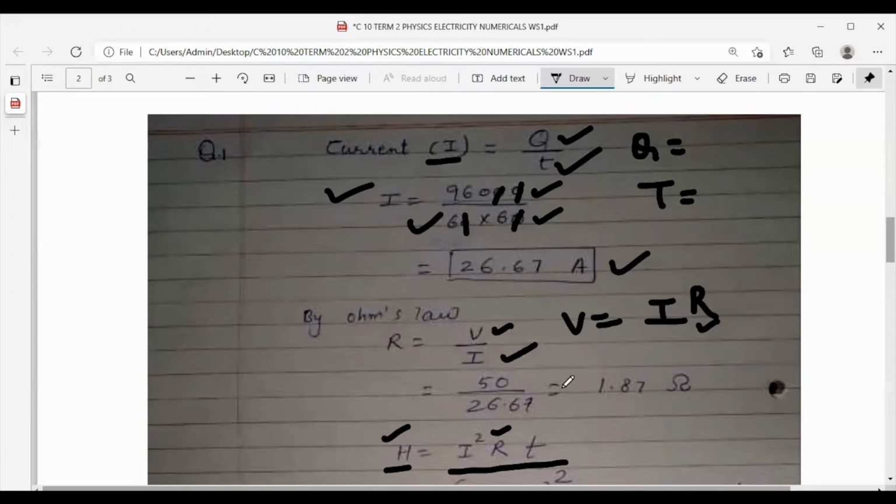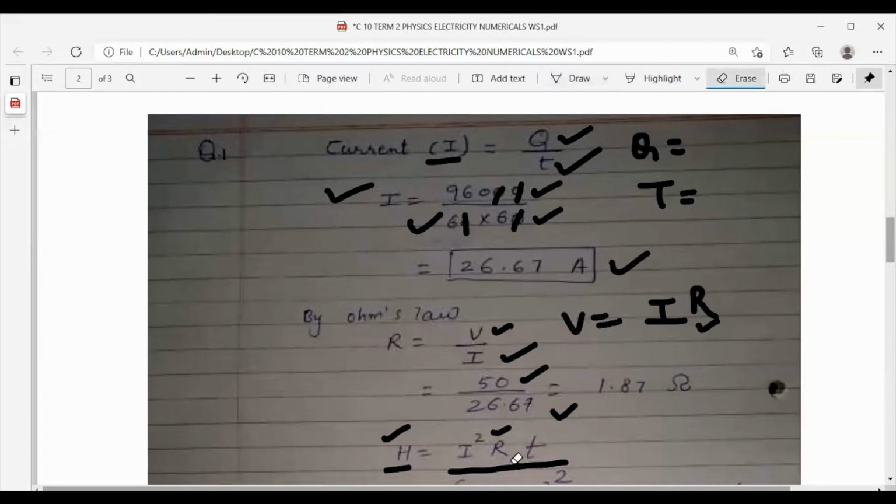Voltage is already given in the question, that is a potential difference of 50 volts. So V is equal to 50, which will be the numerator, and I is what you have just found out, 26.67.